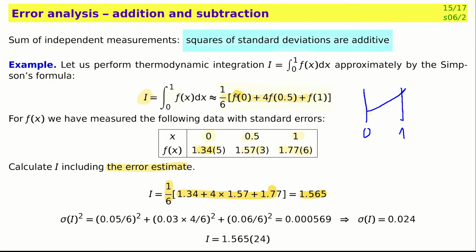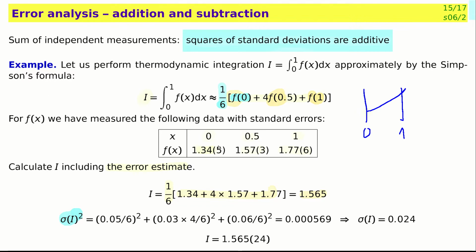So I have 3 terms, and I will assume they are really independent. The first term is 1 over 6 times the value of function f at 0 argument. I will sum up squares of sigma of standard deviation of this quantity, which is 1/6 of f0.